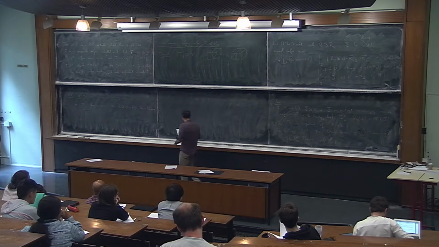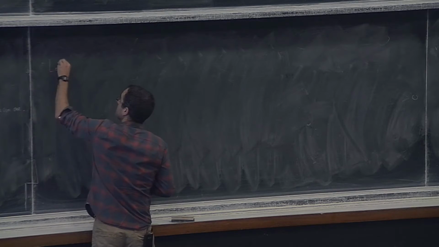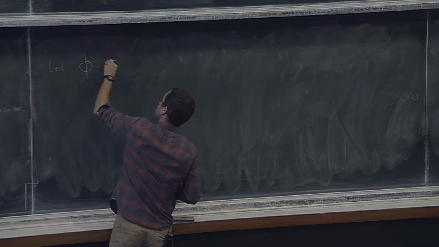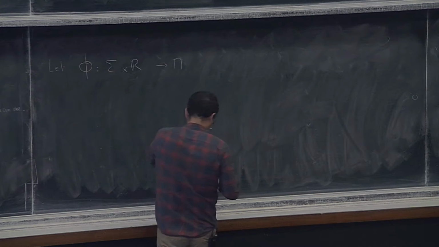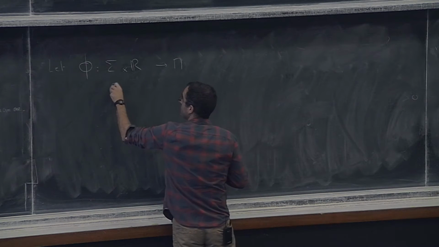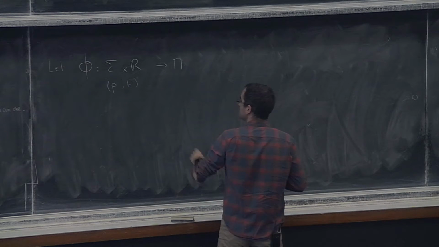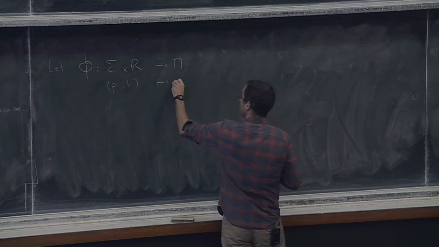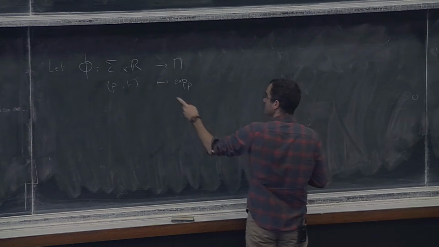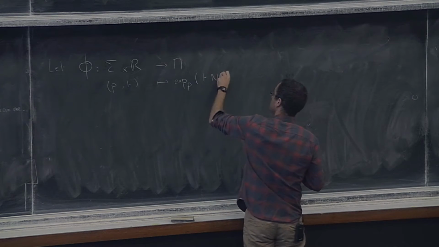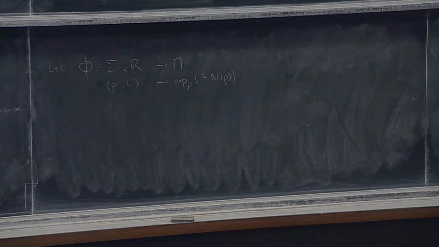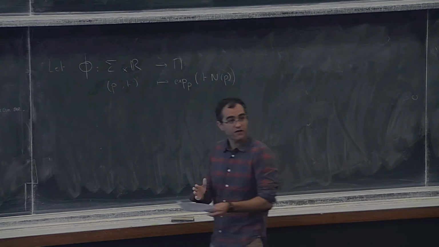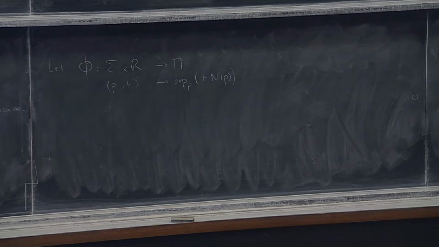So you start, so let phi from sigma cross R to M, and you take a point P in sigma, a parameter T, and you look at the point at distance T in the normal direction to sigma. So you look at the Fermi coordinates on the neighborhood of sigma. In fact, you look at the global Fermi coordinates on M.